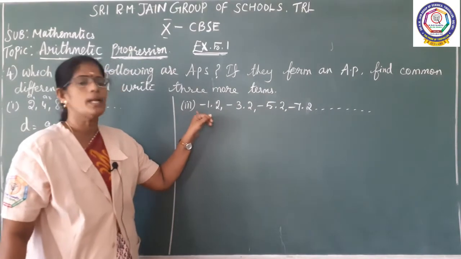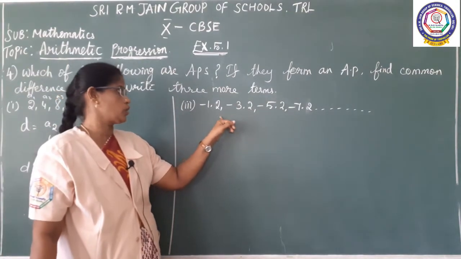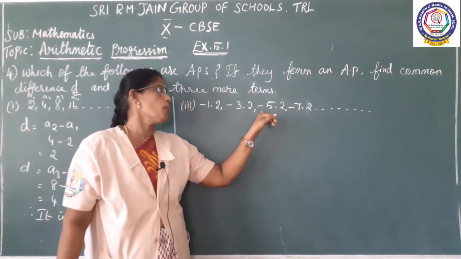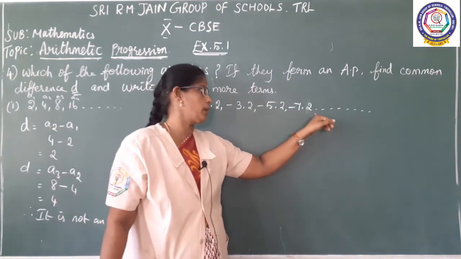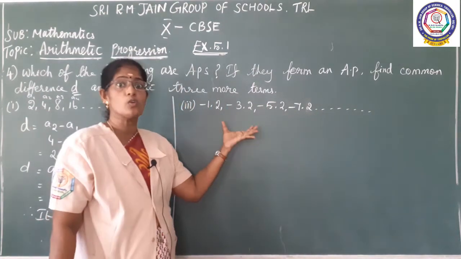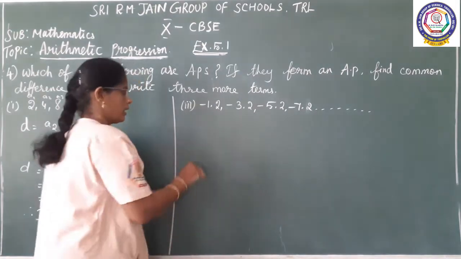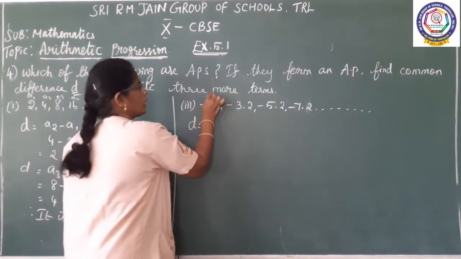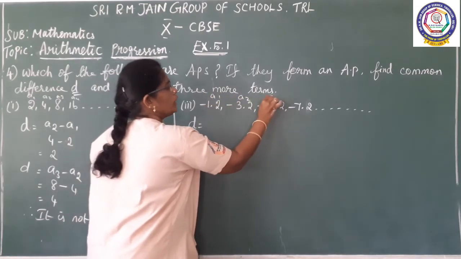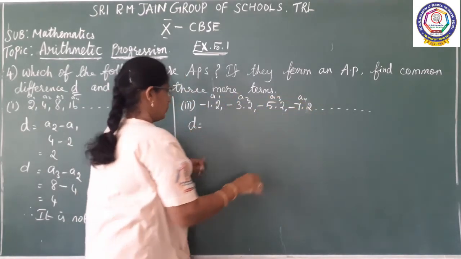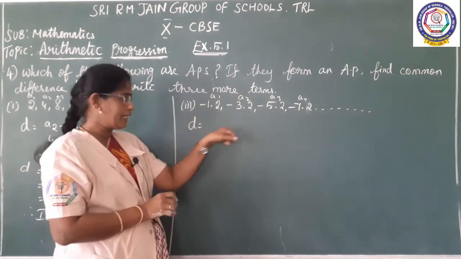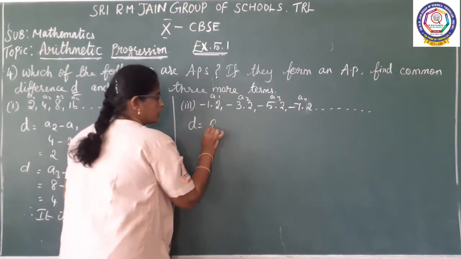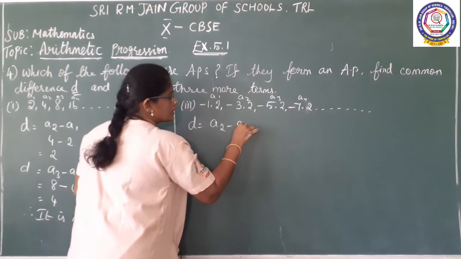Second, third subdivision: minus 1.2, minus 3.2, minus 5.2, minus 7.2, up to etc. First we have to check whether it is an AP or not. We have to find out the common difference. D is equal to, I am going to take this as A1, A2, A3, A4. So D, how can you find out? Second term minus first term. Second term, that is A2 minus A1.